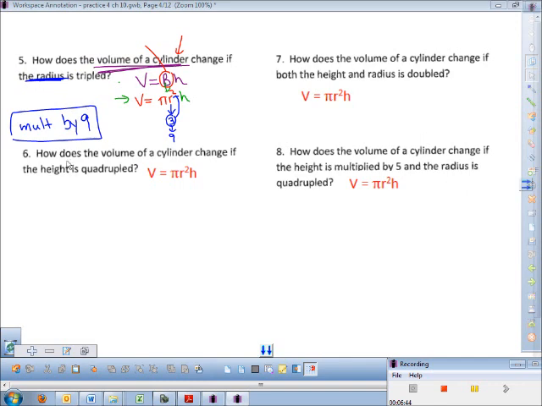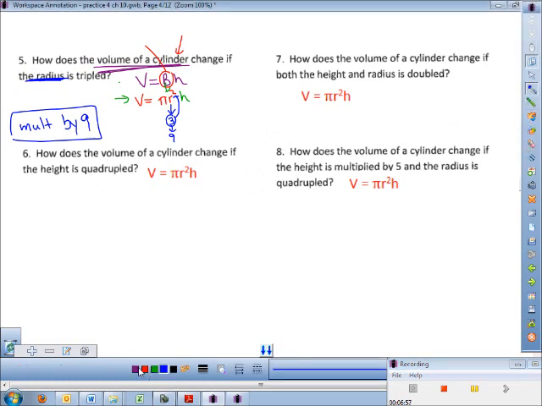Then if I keep rocking on number 6, 7, and 8, they're all talking about volume of a cylinder. So I got that formula written down each time, pi r squared times h. Go ahead and do that if you would. And then number 6 here says, how would the volume of a cylinder change if the height is quadrupled? So they affected the height, so I got to go to that variable right there, and quadrupled means times 4. So we're going to take whatever number this is and raise it to the same power that that variable is being raised to.